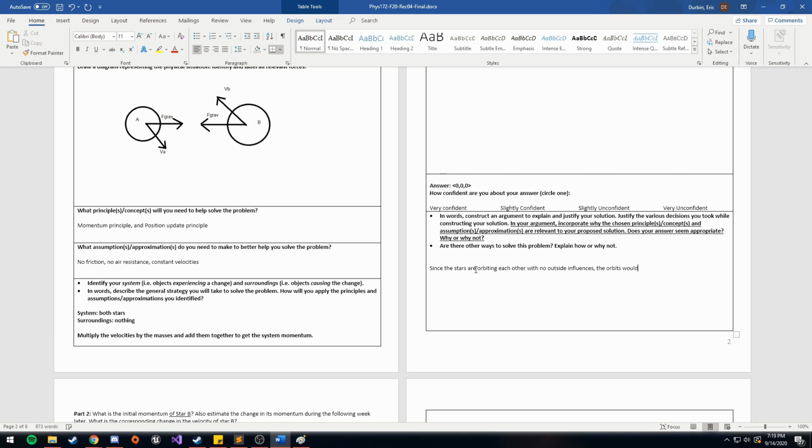What's the initial momentum? The combined orbit's momentum would be 0. Okay. And we're very confident in this answer. Gonna highlight that.